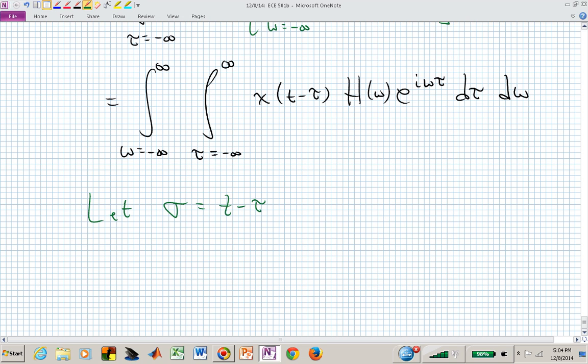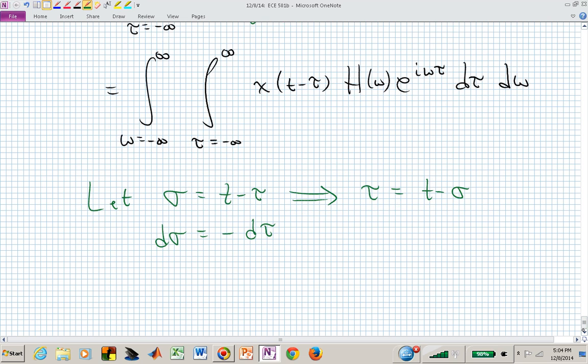That new argument of x in the time domain, let that be t minus tau, so that wherever we see a tau, that can be written as t minus sigma. And if t is fixed, d sigma is then minus d tau.